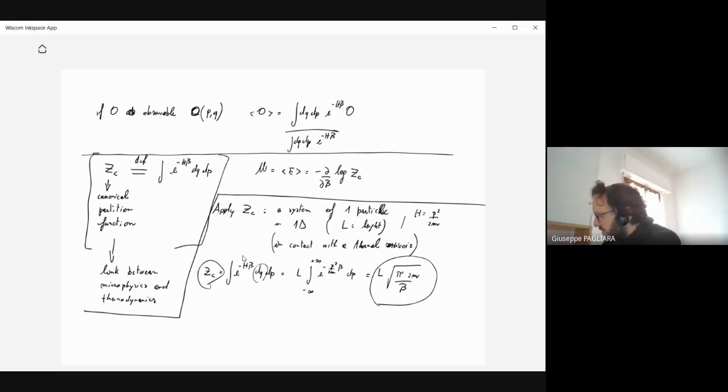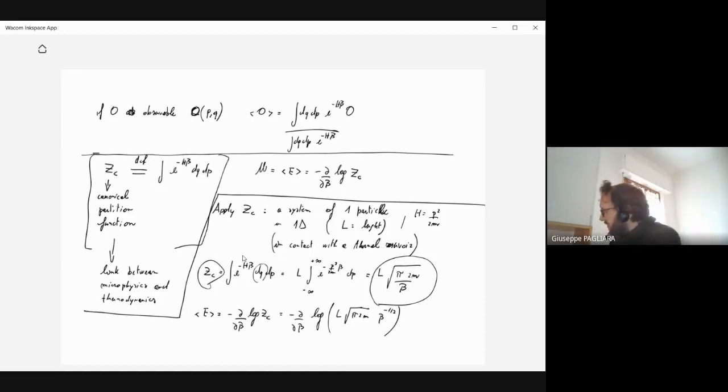The average energy is minus the derivative with respect to beta of the log of the canonical partition function. So this is minus the derivative with respect to beta of the log of L, then the square root of 2 pi m, and then beta to the minus 1/2.